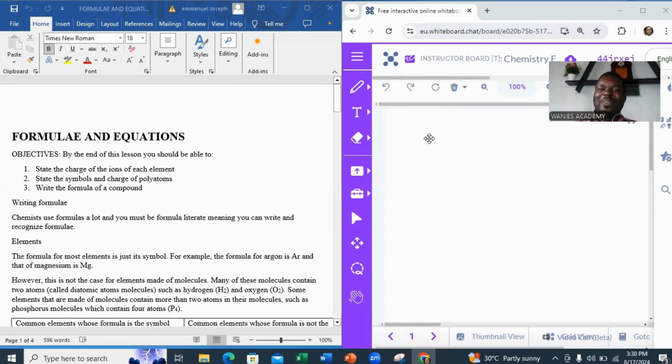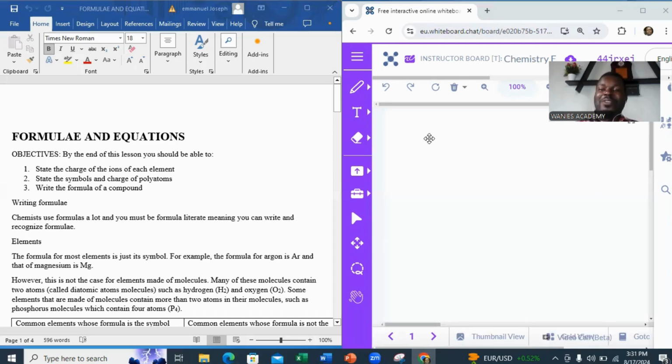Today we'll be looking at something very interesting: how to write the formula of a compound. You'll recall that the last time we met, we considered the periodic table, and in that topic, we also looked into the symbols of some elements.